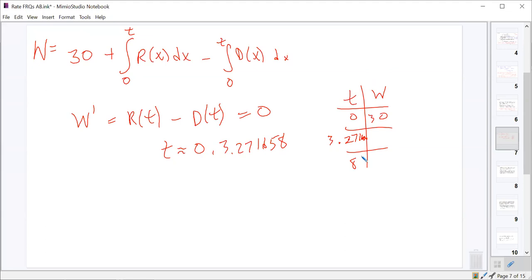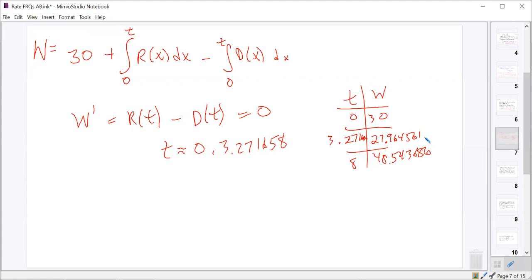We get 30 there. When we plug in the 3.2 something or another, we get 27.964561. And when we plug in 8, we get 48.5436 something 86 it looks like.